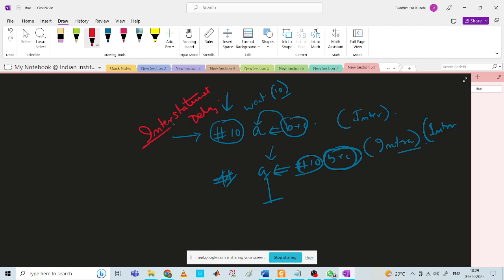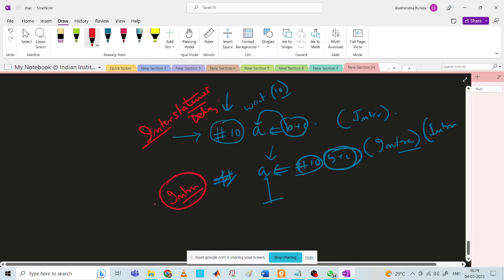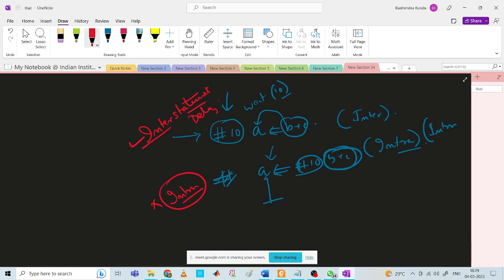This is much more important than intra. This is not that important. Most of the time you use this in test benches. Never use this in design. Always use it in test bench. Very important.